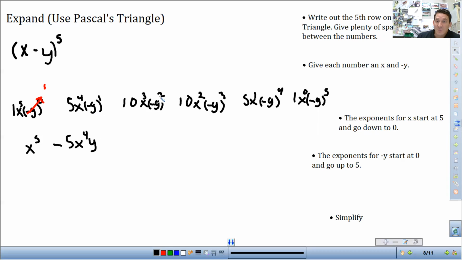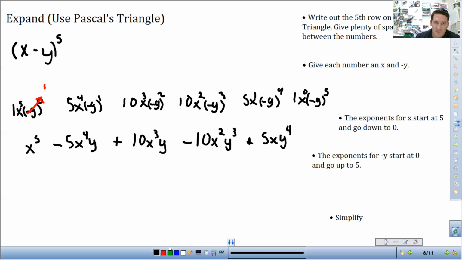Negative y squared is positive, so we're going to have plus 10x cubed y squared. Odd numbered exponent, this is going to be a negative, so minus 10x squared y cubed. This will be a positive, so plus 5x y to the fourth.